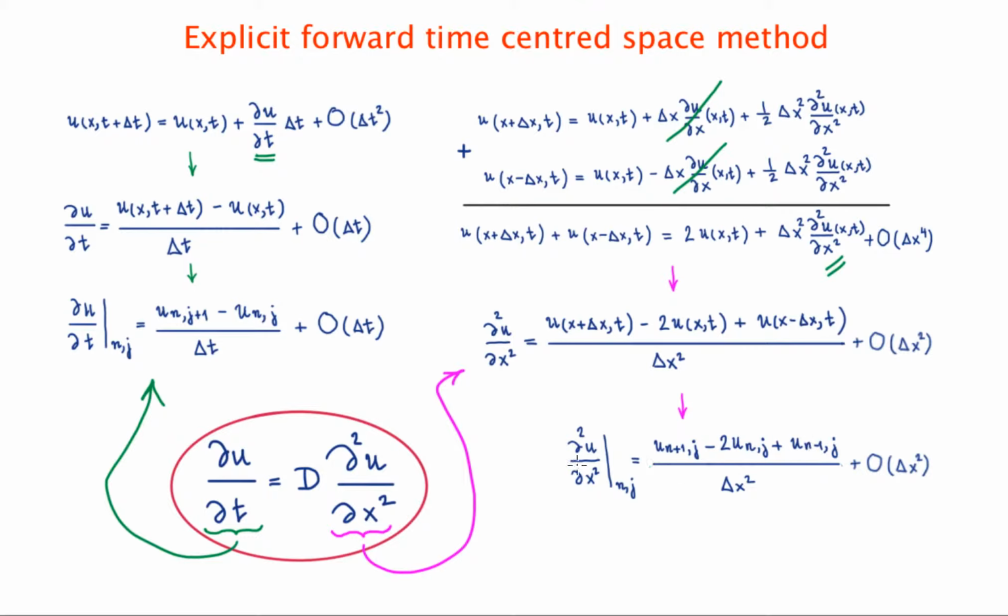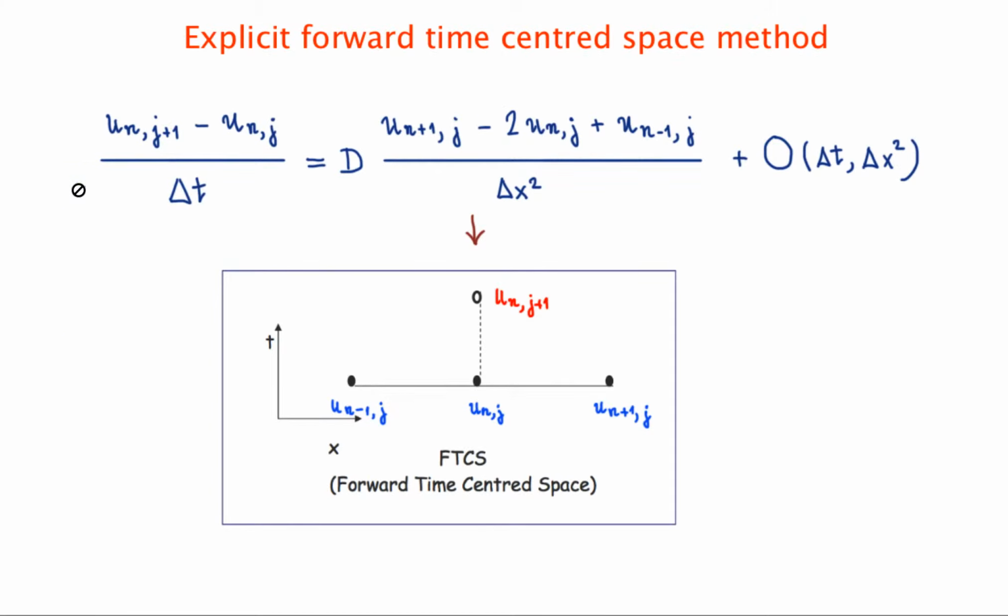So collecting everything and substituting this partial derivative of u with respect to time with this finite difference approximation, and the same with the second order derivative of u with respect to x, the expression that we do have is the following, is this one. Therefore, this is the final difference representation that we do have, and the order of the error that we have is delta t and the square of delta x.